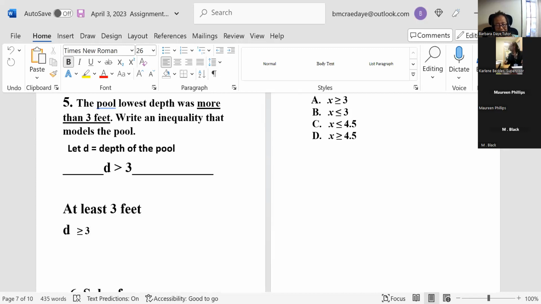At least means greater than or equal. At most means less than or equal. So this would be D greater than or equal to 3 if I had said at least 3 feet. Got it? Okay.